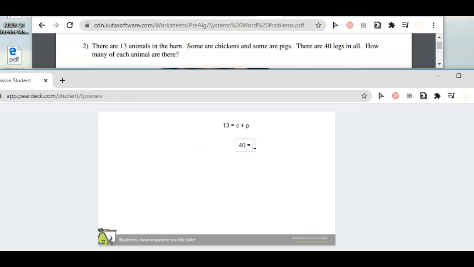Okay, so for my chickens, that C represents however many chickens there are in this barn. And each chicken has 2 legs. So I'm thinking if I say 2 legs times however many chickens I have, 2 times 10 chickens or 2 times 3 chickens or whatever it is, 2 legs times how many chickens will give me part of that total number of legs.